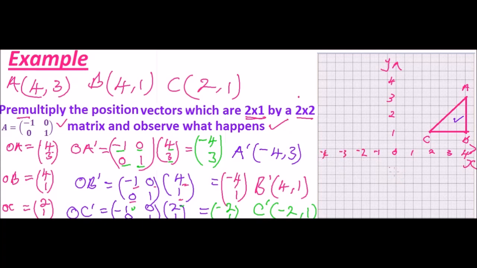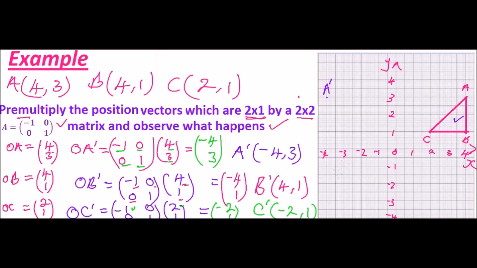And then on the y side we have minus 1, minus 2, minus 3, minus 4. Now our image, we have A prime is minus 3, that is minus 4, 3. So minus 4, 3 is there. This will be our new position of A.